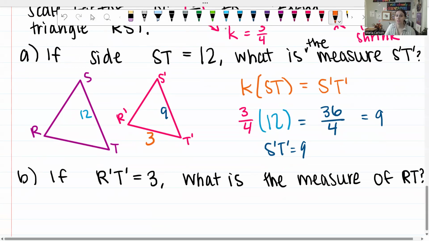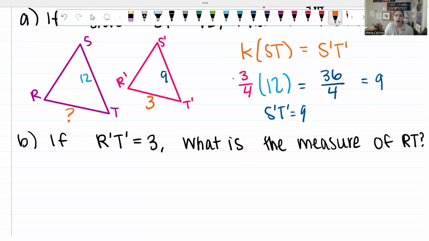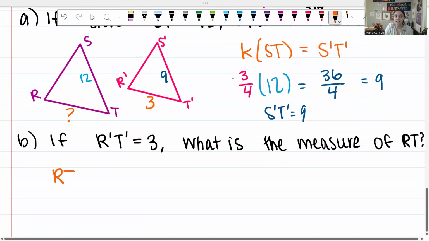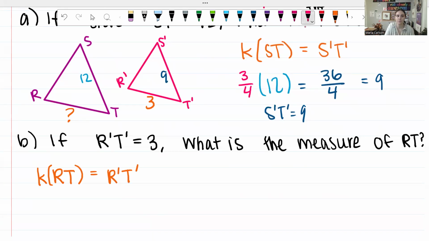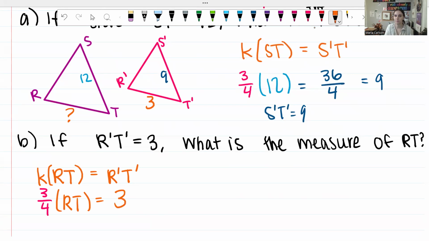R prime T prime is 3, and we want to find RT. Whatever RT is, it's going to be multiplied by that scale factor, and that would then produce the length of R prime T prime. So our scale factor, 3/4, is going to be multiplied times whatever RT is. We don't know that yet, but we do know that R prime T prime is 3.